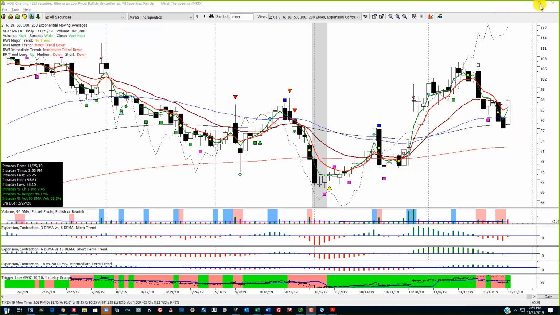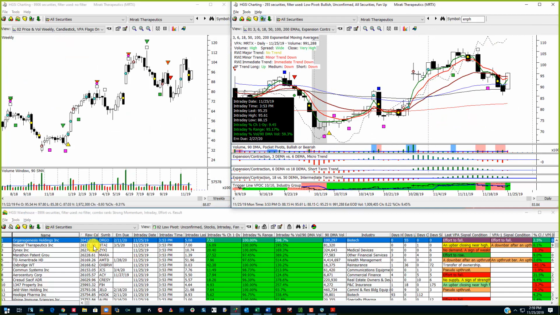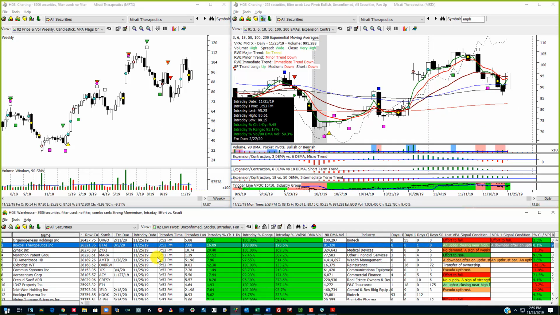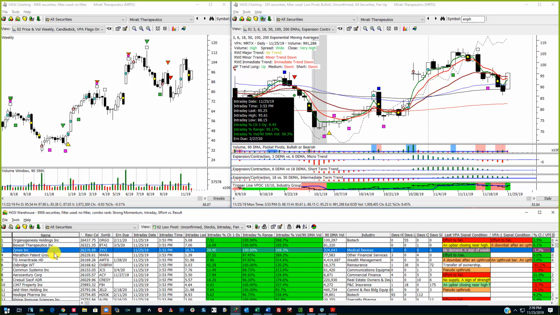Let me see if I can find a stock which has been in a longer term uptrend. There's a lot of medical here. Well, we don't want TD because we know what's boosting that one.